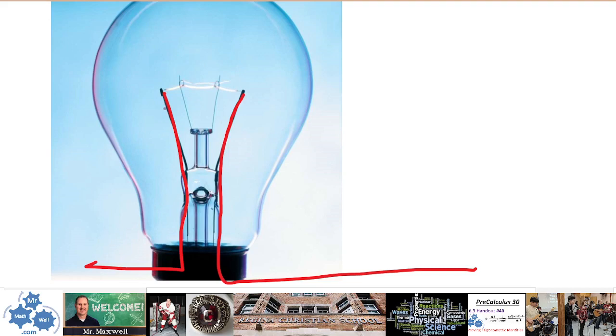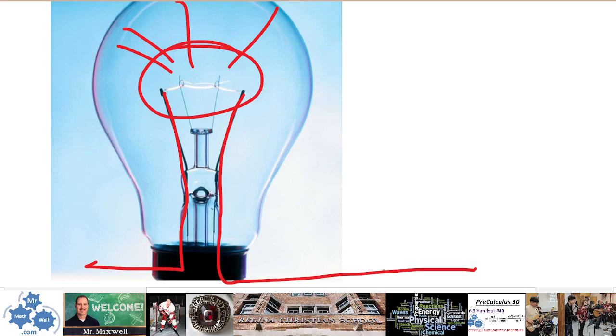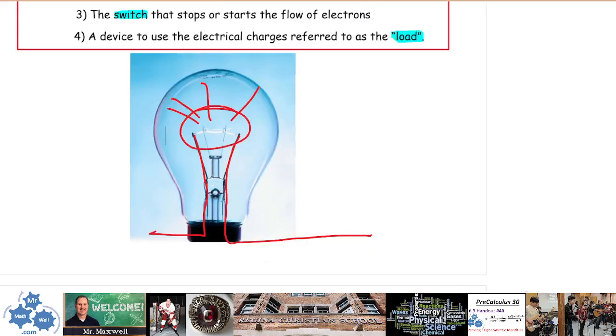As the power comes through here, some of the power gets used up as heat and light, and then the flow continues on, and it has to go back to its charging station, the battery or wherever the electricity is coming from. So it uses a little bit of energy to do work, or to power the load.